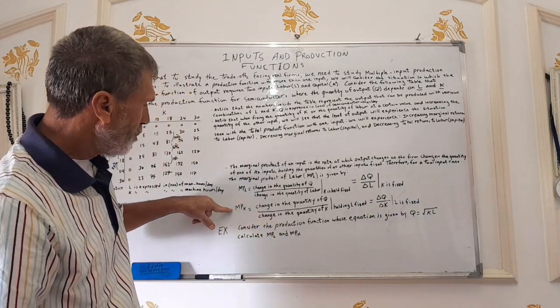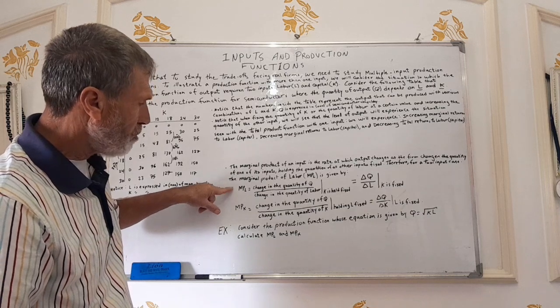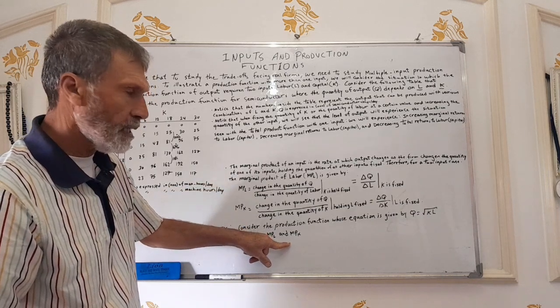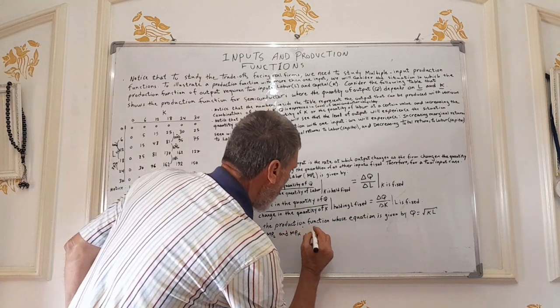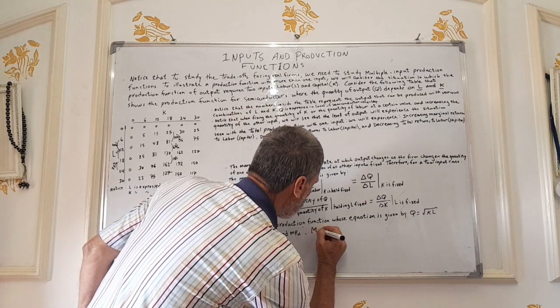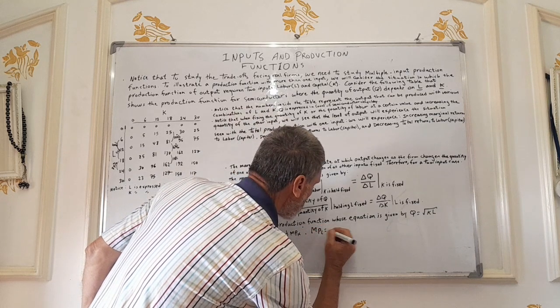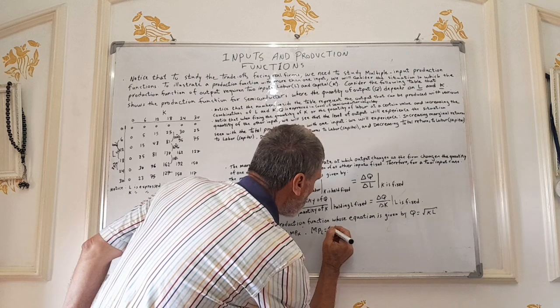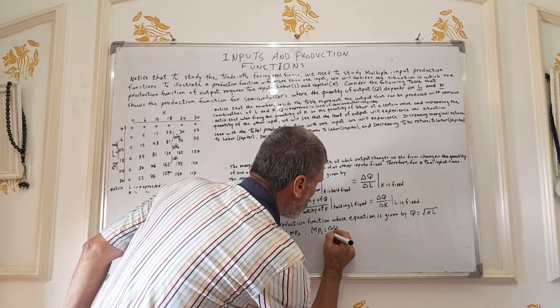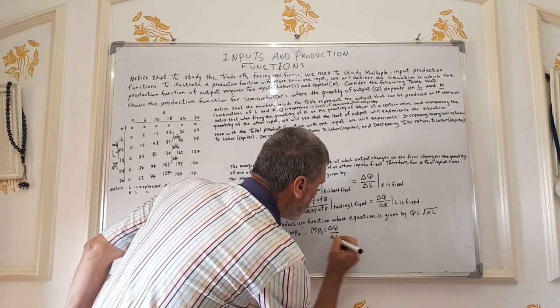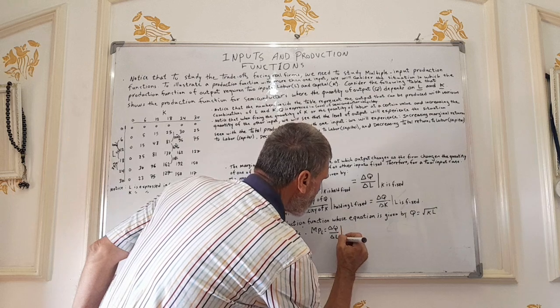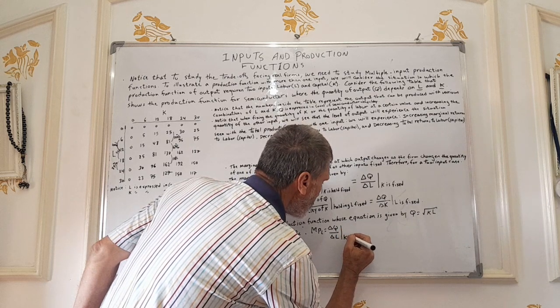We're going to apply these formulas to calculate MPL and MPK. Notice MPL is going to be equal to delta Q over delta L, of course, holding K fixed.